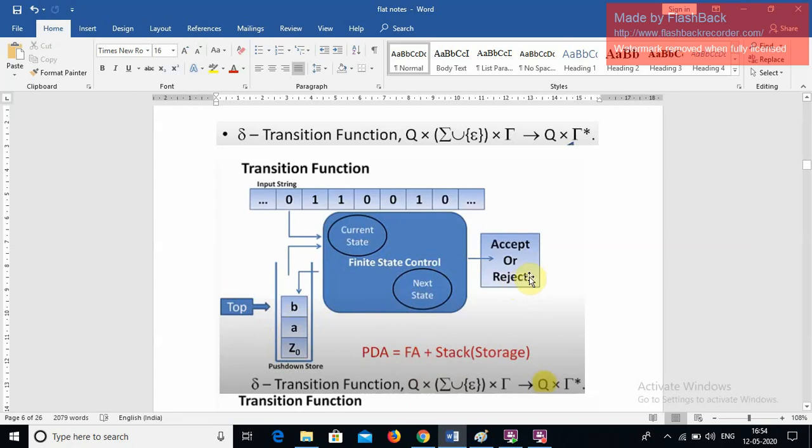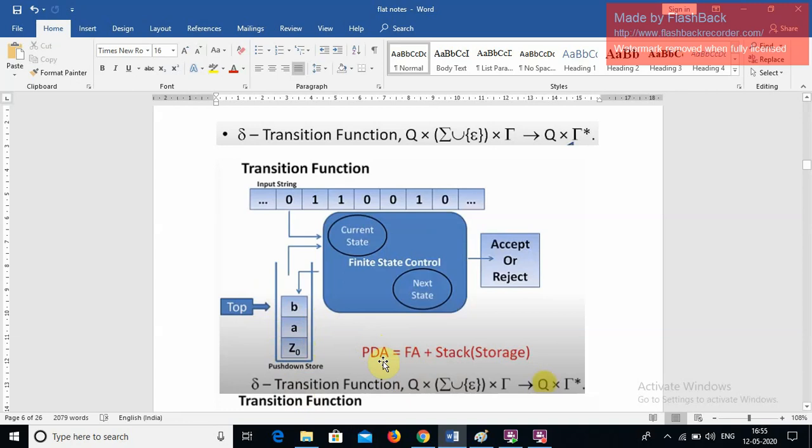Finally the result will be accept or reject. Initially we insert some data into the stack, that is Z0. We already know that Z is the initial push symbol into the stack. It may also be represented as Z0, and A, B are the stack variables we already inserted. For example, I am taking it like this.